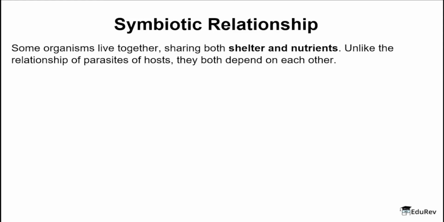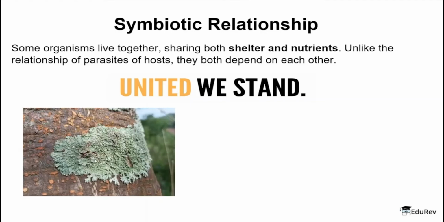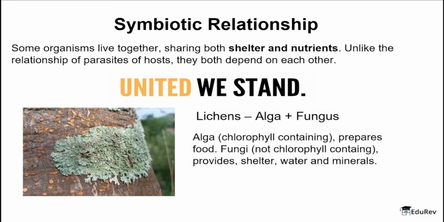In symbiotic relationship, they have a unique strategy which is united we stand. For example, in case of lichens, we have alga and fungus. They both are in a symbiotic relationship with each other, where alga is the food making partner because it has chlorophyll, whereas fungus, because it does not have any chlorophyll, provides water and various minerals, and that is how they live together.